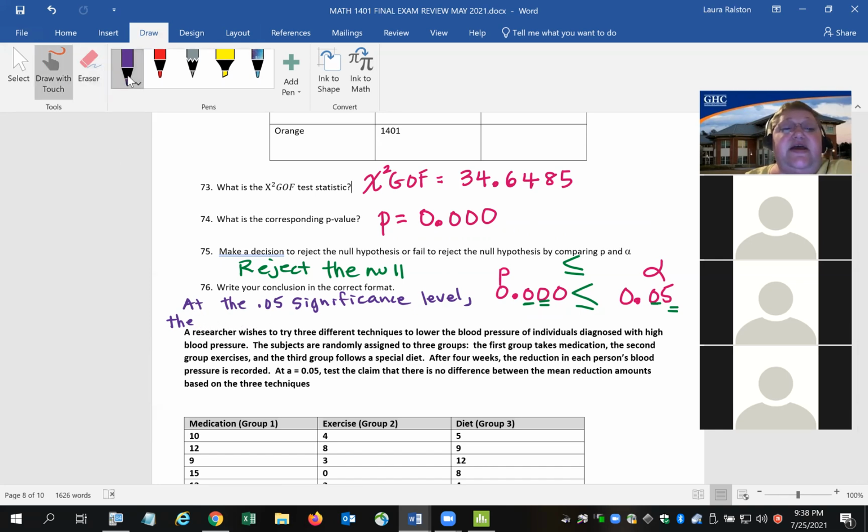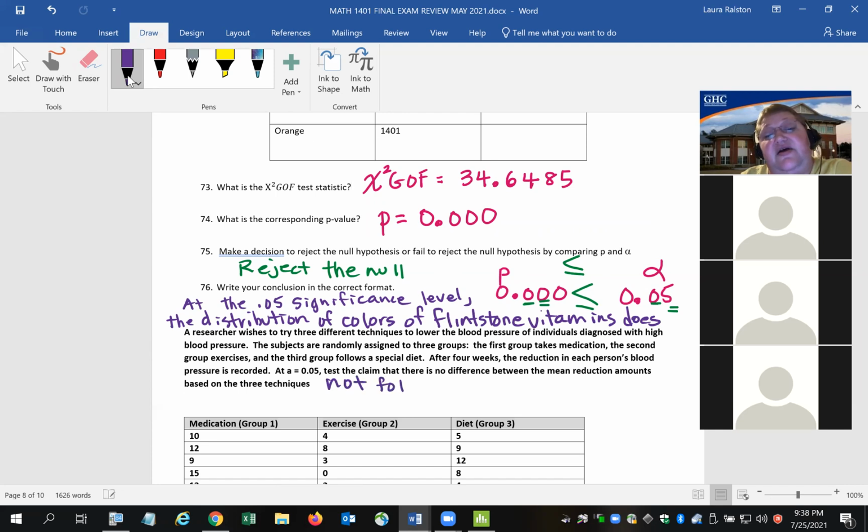We could just use the statement I had earlier. The distribution of colors of Flintstone vitamins does not follow the stated or given distribution or given percentages.